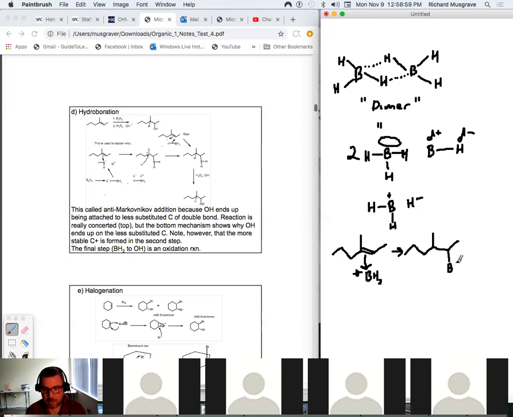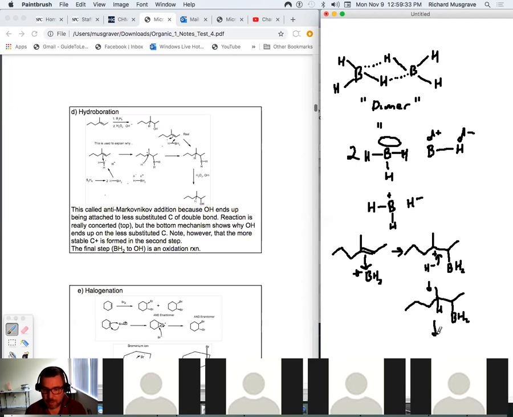It takes the same arrangement as we did before, where the plus ends up on the more substituted of the two carbons. And then the H minus can come in and attack that carbon that's got a plus on it. And you can see we end up getting this BH2 here, and it's ending up on the less substituted carbon.